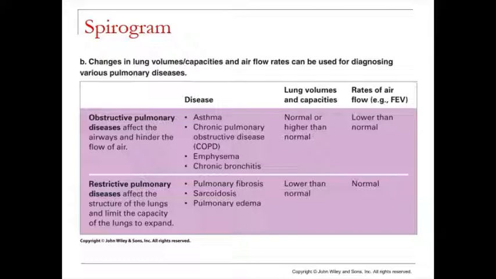Well, they would possibly have lower than normal lung volumes. Why? Because the lungs are getting restricted, squeezed. They cannot expand. You'll see that in things like pulmonary edema. Remember, edema is swelling. If you have pulmonary edema, that extra fluid can restrict the lungs and cause you not to expand. And I'll see that as a lower lung volume when I look at your spirogram.